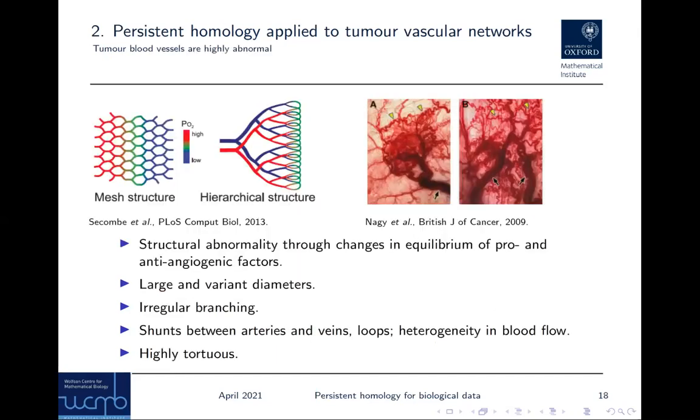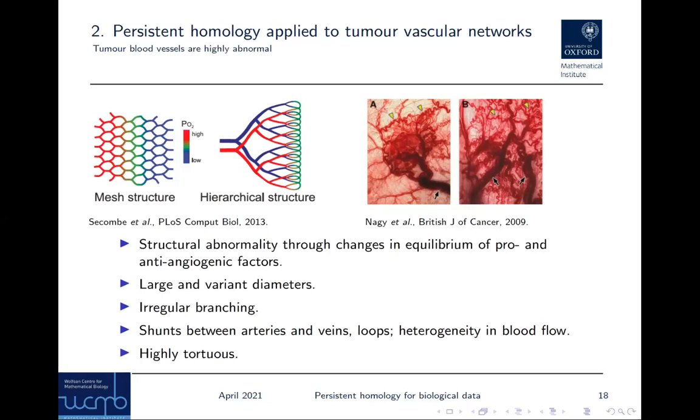Structurally, the vessels that come from this process look very abnormal. So you can see pictures here. Because they basically come into existence because of changes in the equilibria of pro- and anti-angiogenic factors, which are quite chaotic changes, they look very abnormal: they're large and variant in diameter, and they're irregular in their branching.